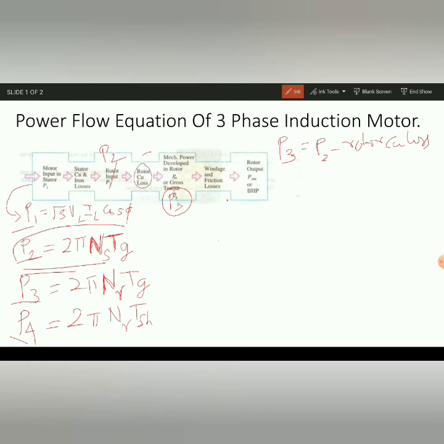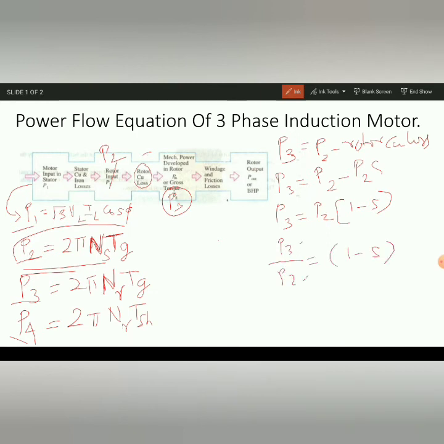Now we have just found what the rotor copper loss is: P2 into S. So P3 equals P2, which is common, times 1 minus S. If we write it as P3 by P2, then it is 1 minus S.